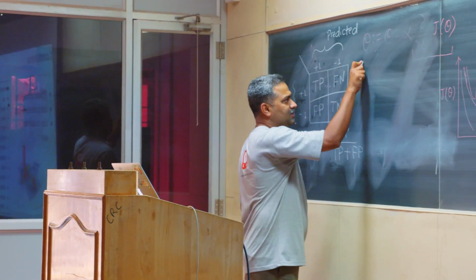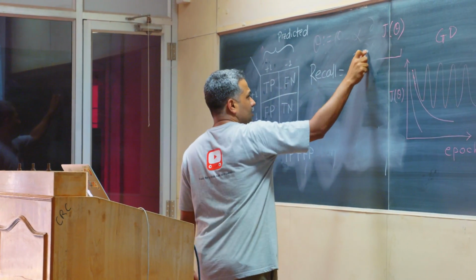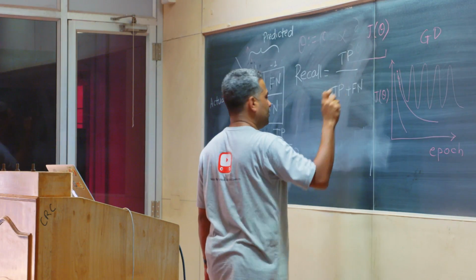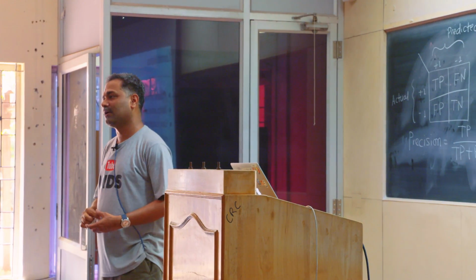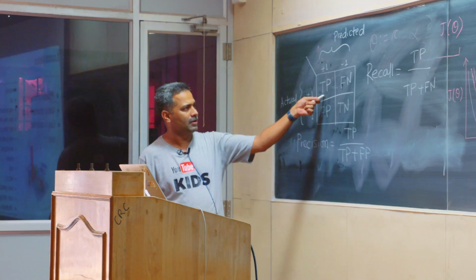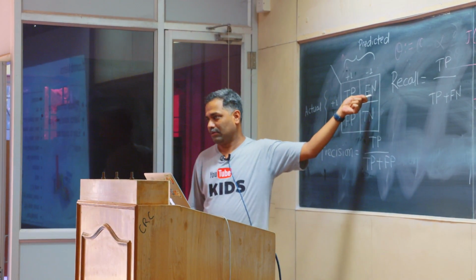Correct, and the second metric is recall. Recall is Tp by Tp plus Fn. So what percentage of plus 1 I was able to predict correctly, right? So I have these are my correctly predicted, and actual plus 1 Tp plus Fn.